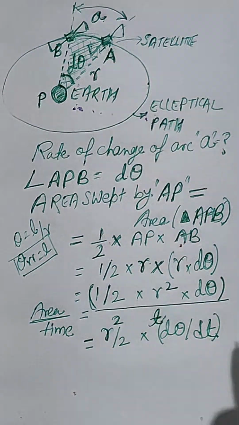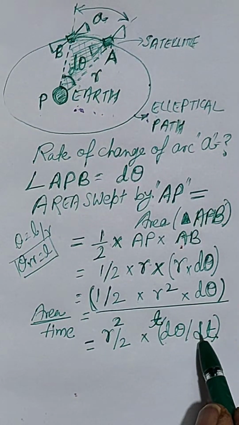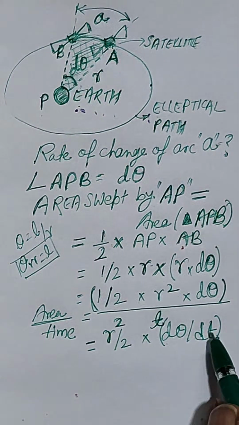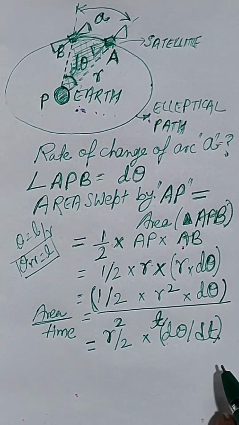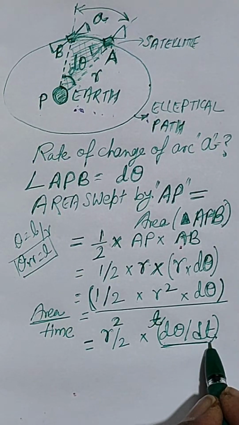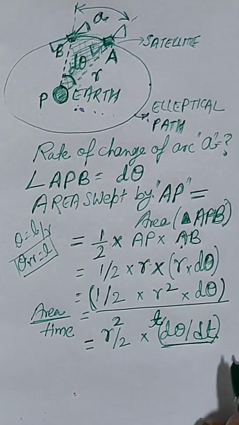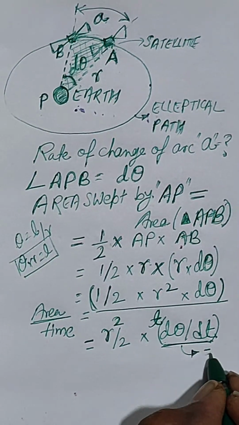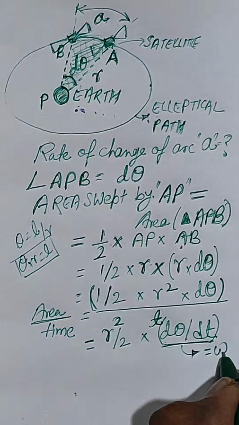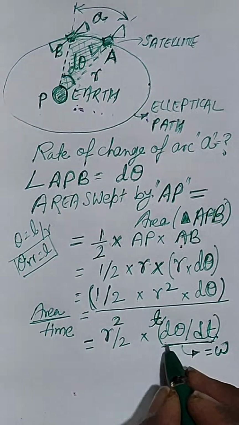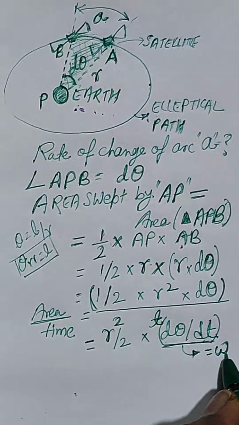This d theta by dt is nothing but omega, angular velocity, right? d theta by dt is angular velocity.